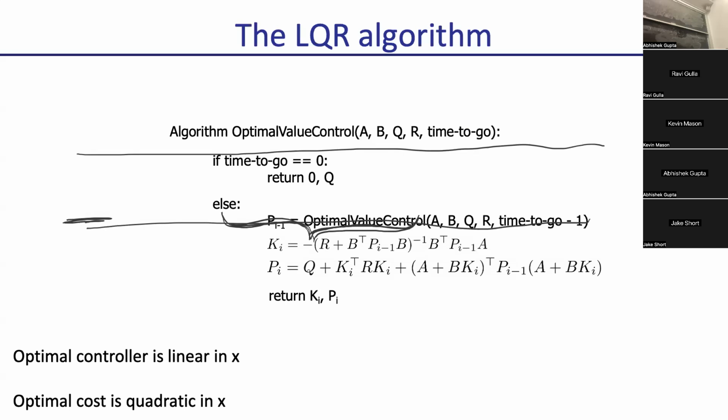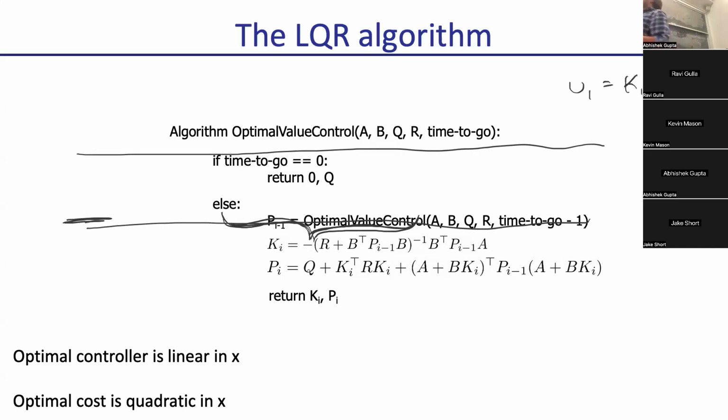So once you compute the Ks and Ps, the way you're going to run your system is you're just going to keep running your system according to the rule U is equal to KX. Right? So you've computed, let's say at time step 1, U1 is equal to K1X. At time step 1, you're at some state X, you're going to apply U1 equal to K1X. That's it.